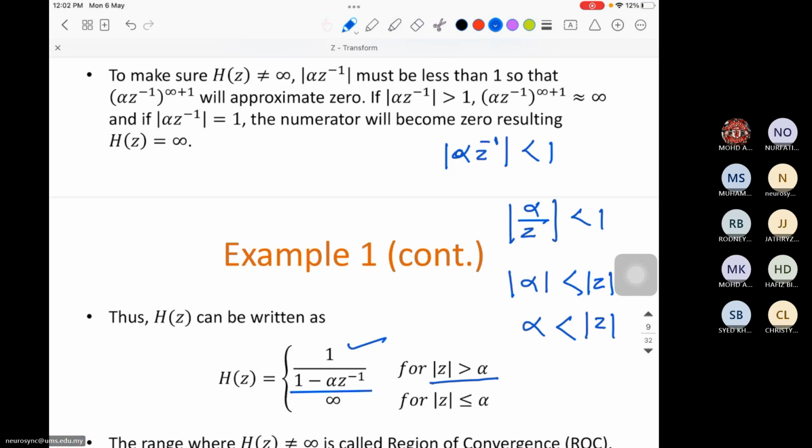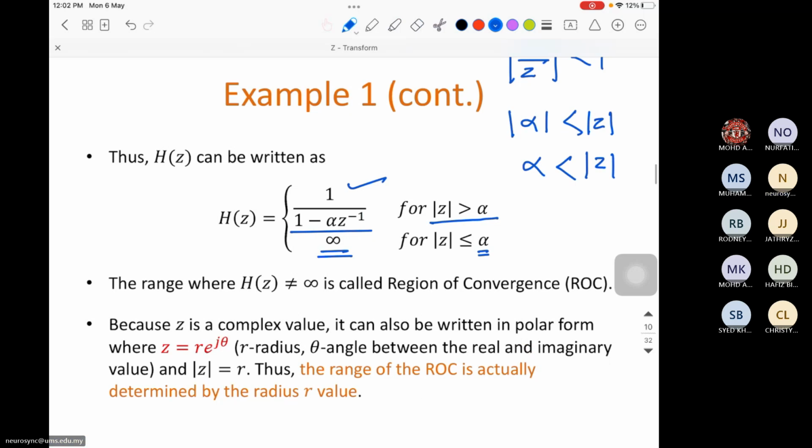If mod of z is less than or equal to alpha, this term will be equal to 1. Therefore, for mod of z less than or equal to alpha, we will get H of z equal to infinity.